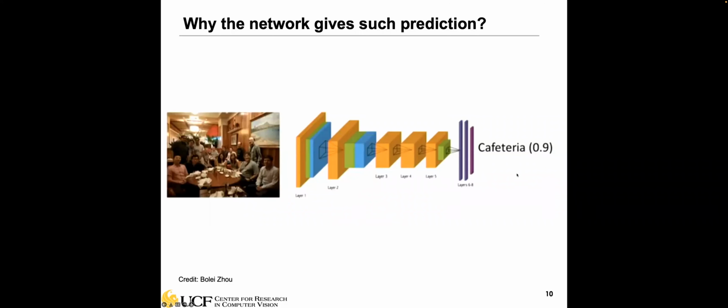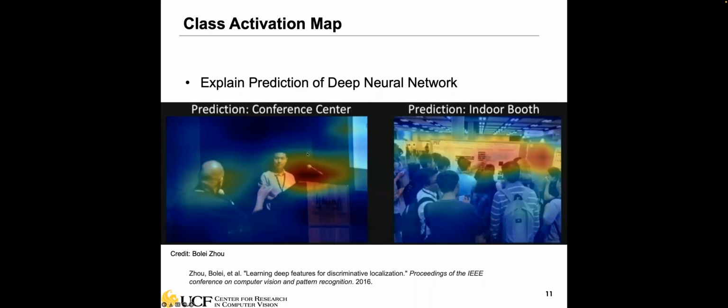And why does the network give us such a prediction? Do you have any visual interpretation? This paper, Learning Deep Features for Discriminative Localization, introduced the class activation map to help explain the predictions of deep neural networks.